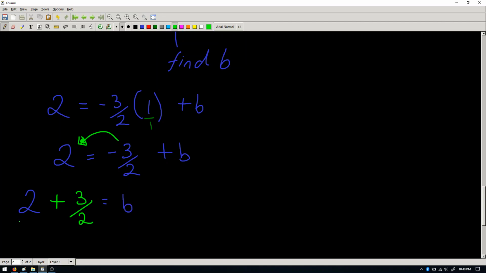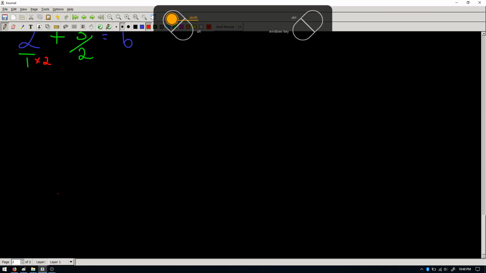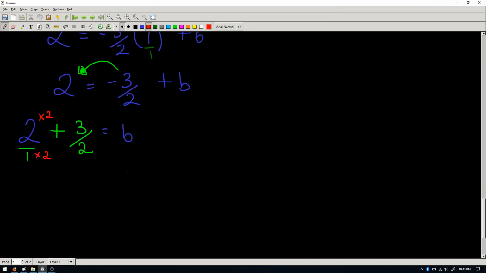Now what's the denominator on 2? Well, if I don't see it, it's got to be a 1. Now all I have to do is convert to a common denominator, so I multiply the bottom and the top by 2. And I will end up getting b equals 4 over 2 plus 3 over 2. And so the y-intercept is just going to be 7 over 2.